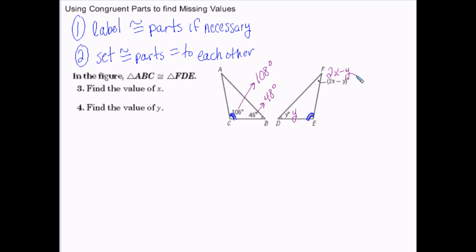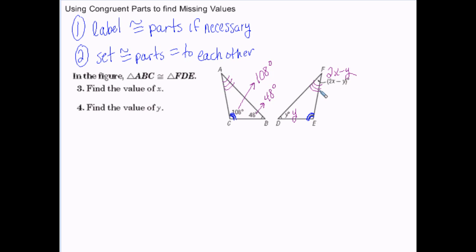So ABC is congruent to FDE, which means that we already have C and E marked as congruent and B and D marked as congruent. That leaves A and F. So A and F would be congruent. So we can mark that if we need to. And we want to find the value of X and Y.